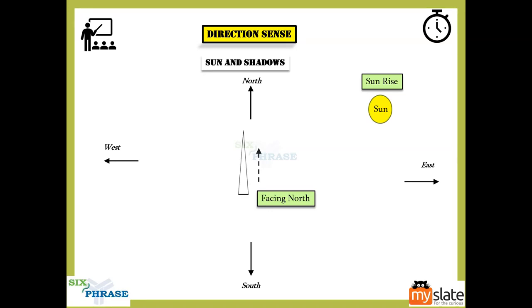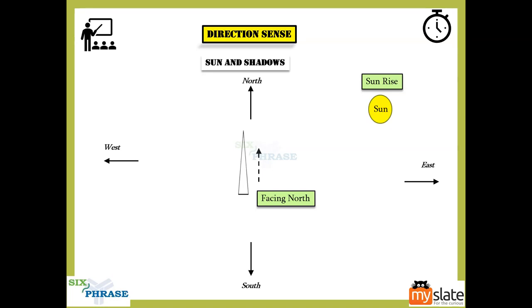You could pause the video, just think about it, and then come up with your answer, guys. Pause the video right now and think of where the shadow will place itself. Will it be on the left side of the pyramid or object, or will it be on the right side, during sunrise?